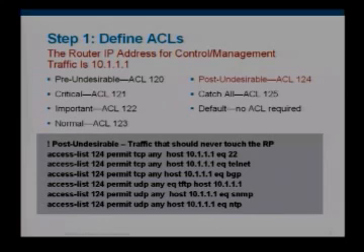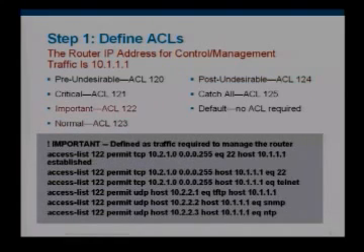Then all the traffic that should never go to the RP after all these inspections. For example, you have allowed telnet, let me go back to this ACL. Let's say you have allowed telnet from this subnet 10.2.1.0 to this host 10.1.1.0, and you are saying that is important.